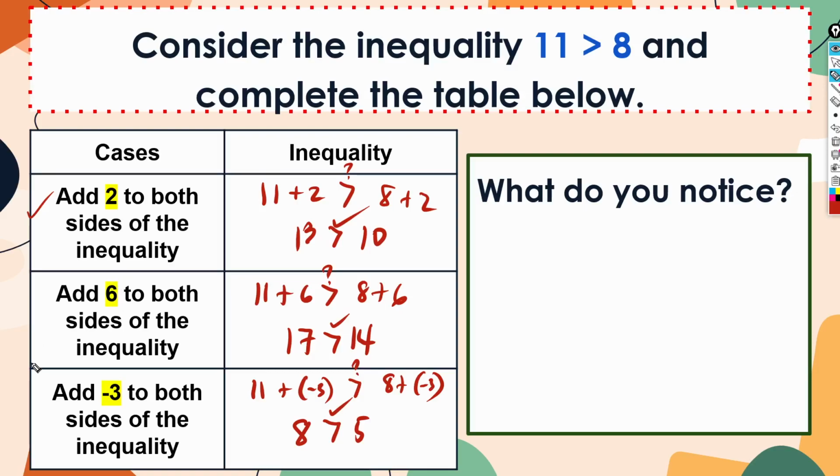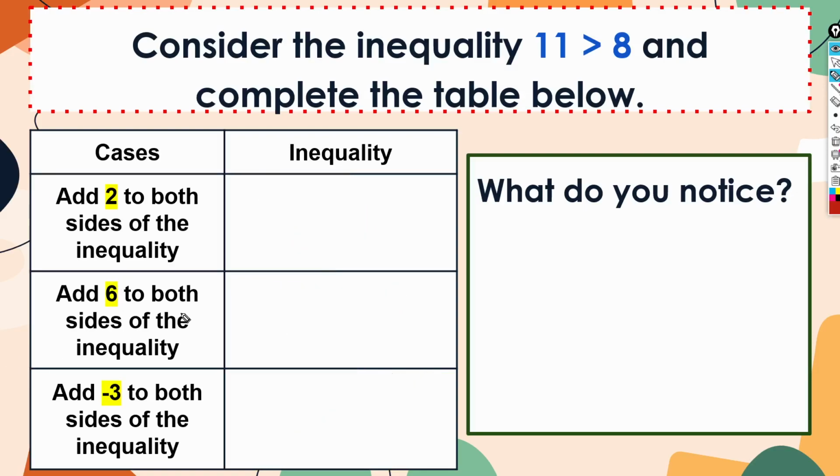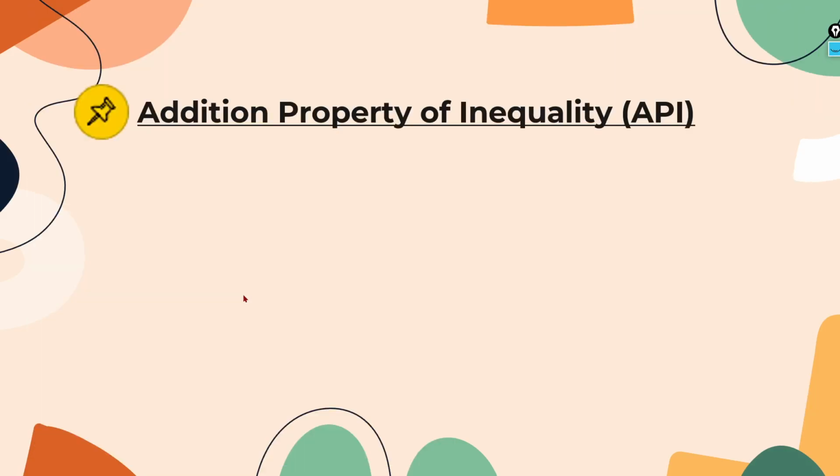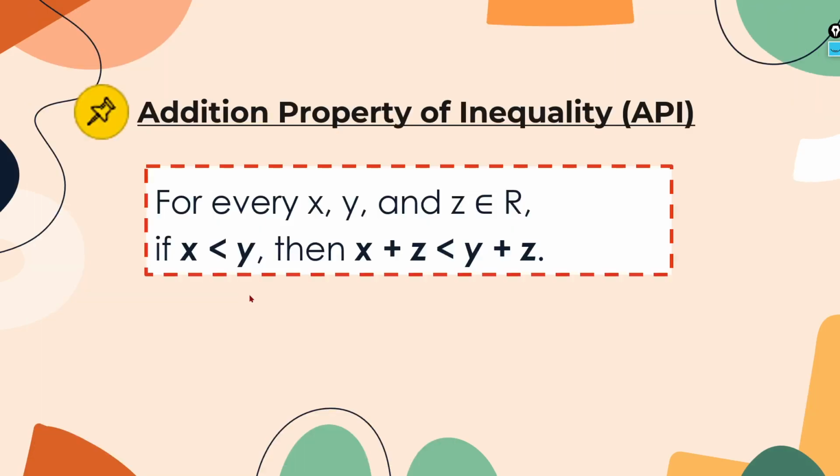So, in fact, when we talk about the API, simply put, we are allowed to add or subtract the same quantity to both sides of the inequality without affecting its truth. So, basically, ang API natin acts the same way as APE, kumbaga. Pwede ka mag-add ng kahit ano as long as you do it to both sides of the equation.